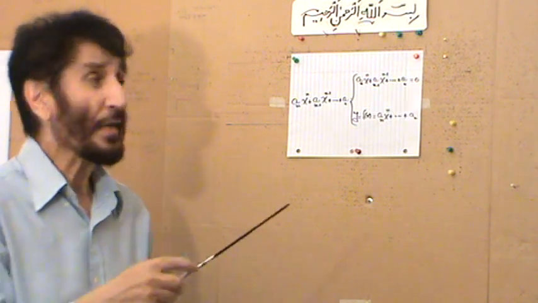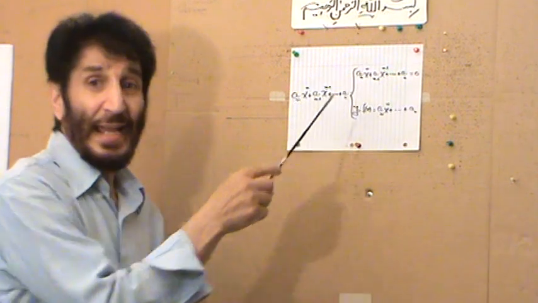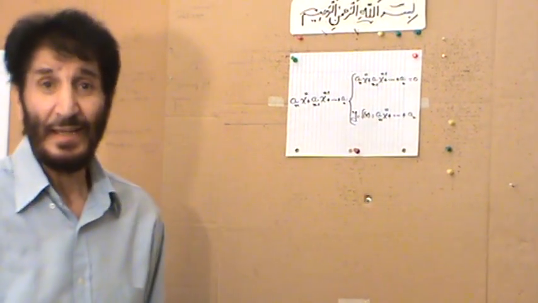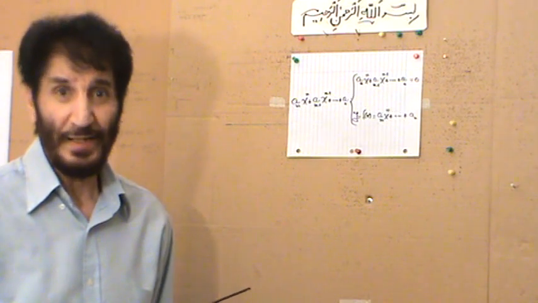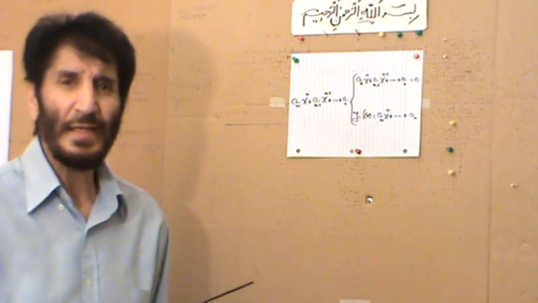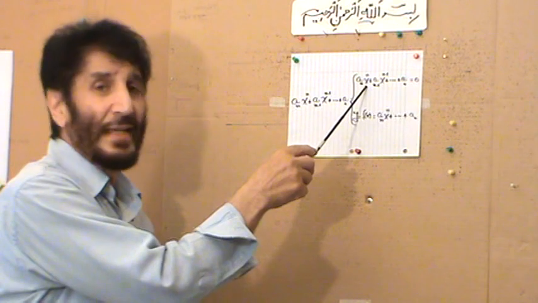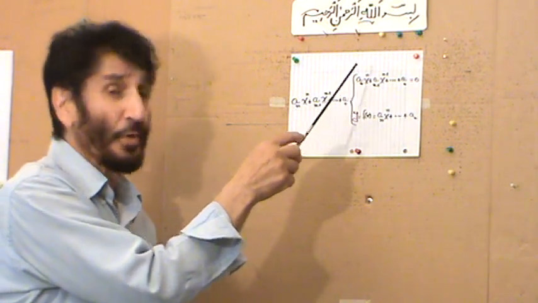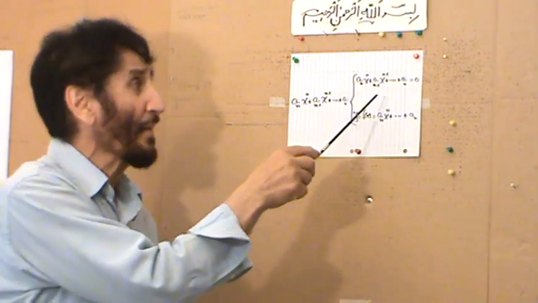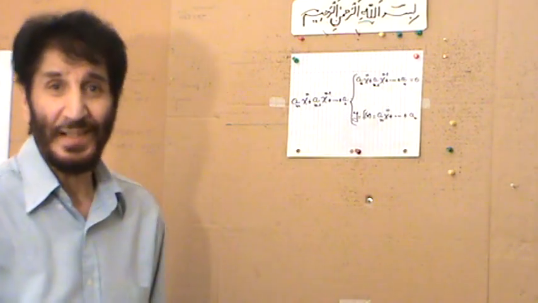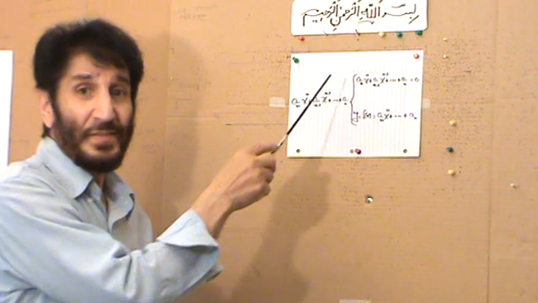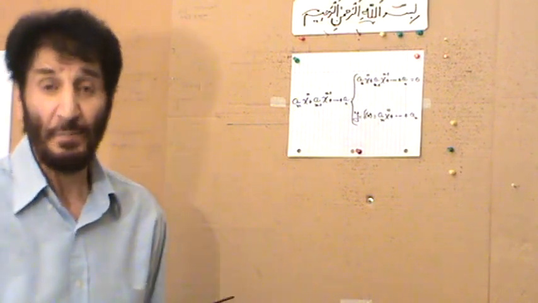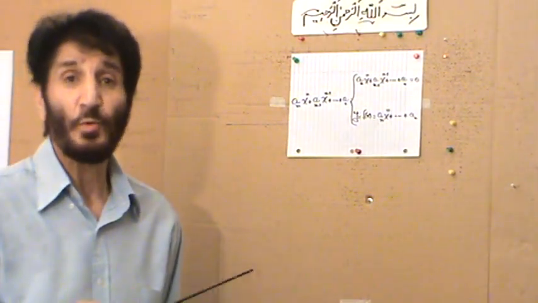If it is of degree n, let's say n is 10, there will be 10 solutions. What does solution mean? It means the values that we put for x that will satisfy this equation. If n is 10, there will be 10 of them, but they do not all have to be distinct.